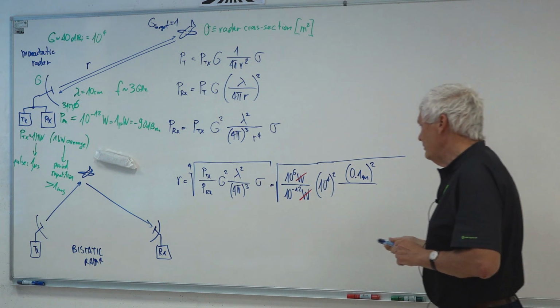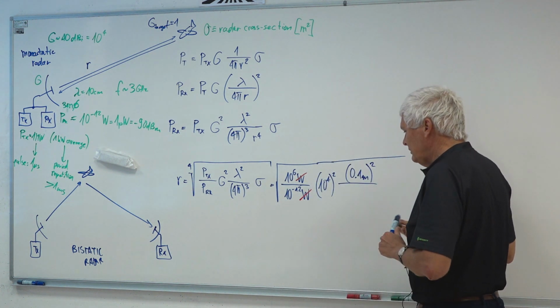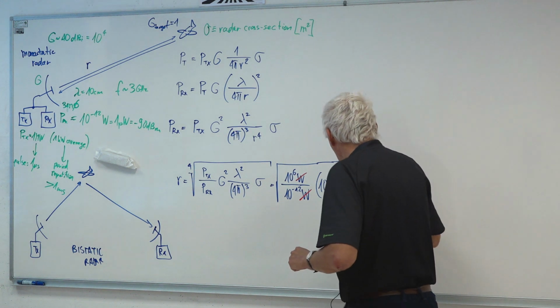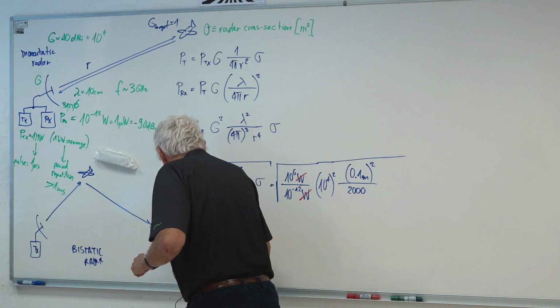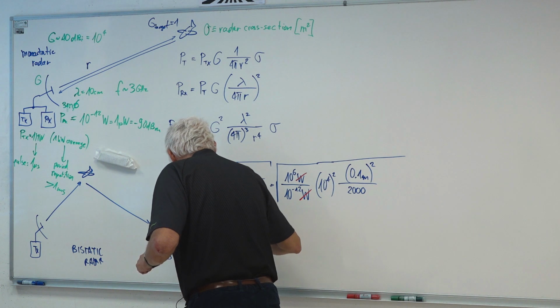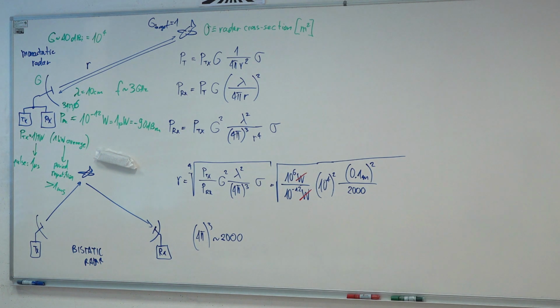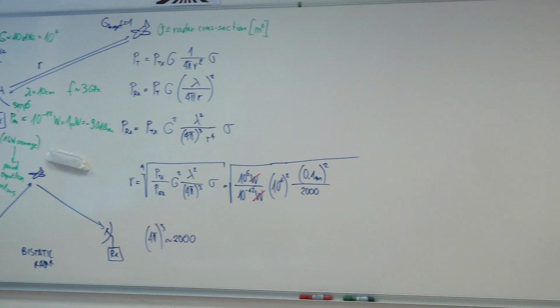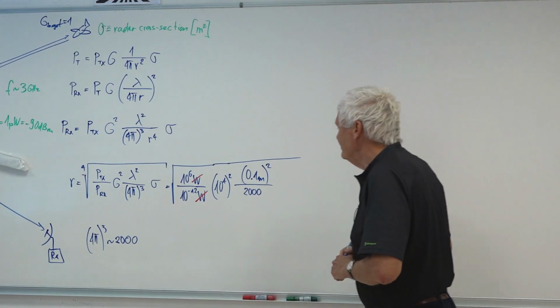Multiplied by 12, 150 times 12, we get around 2000. So 4 pi to the third power is around 2000, just to make an approximation. 4 pi in decibels is 11 dB. 11 dB three times, because in logarithms we multiply the value, is 33 dB. 33 dB is 2000. That's my simple calculation.